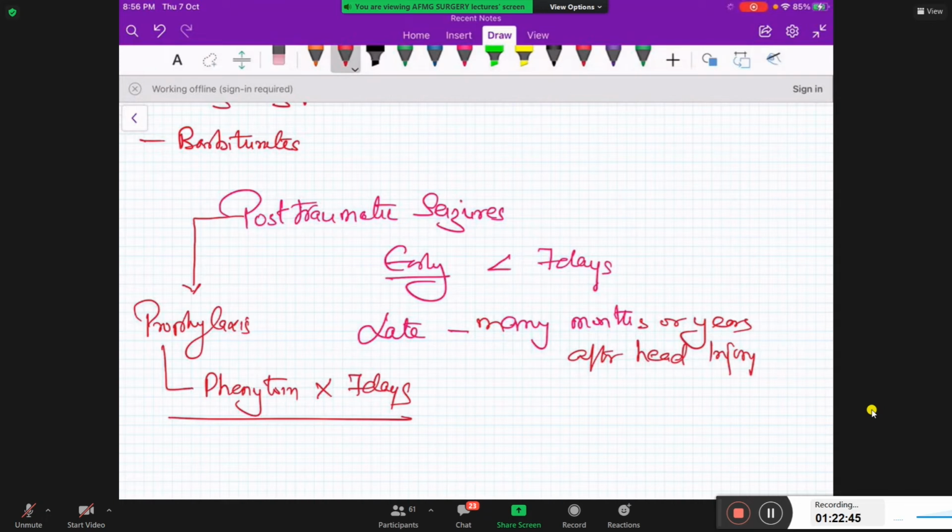It can be, but the definition is this. Prophylaxis is to prevent the seizures.